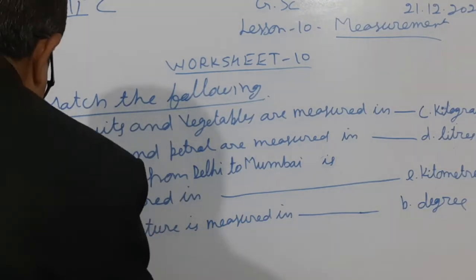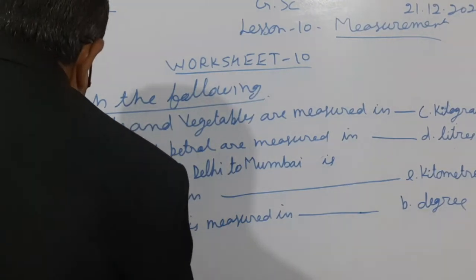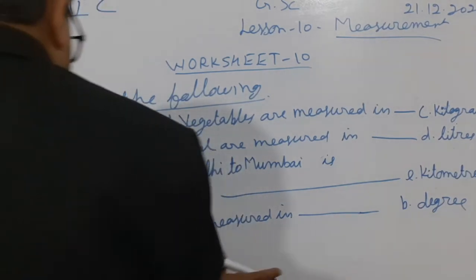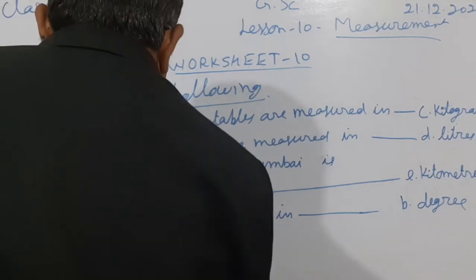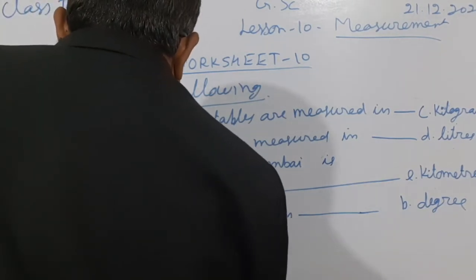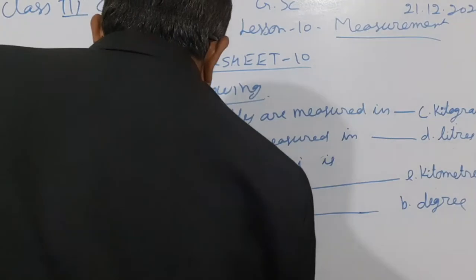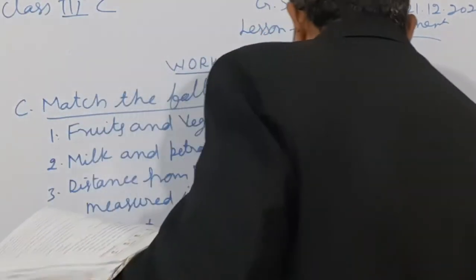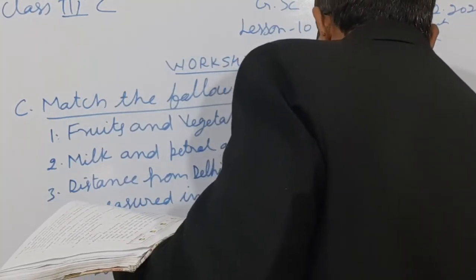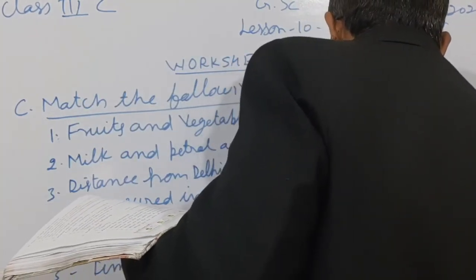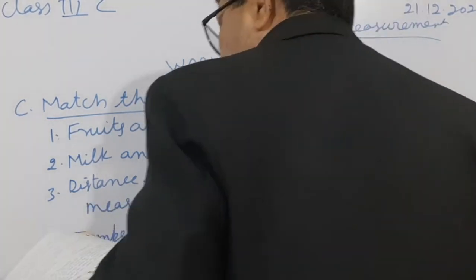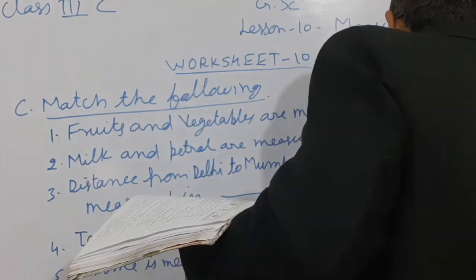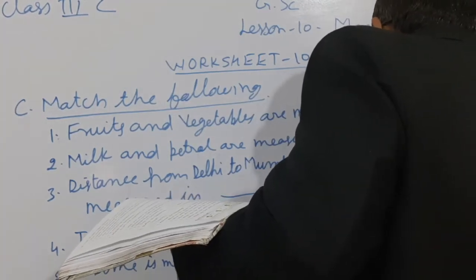And fifth, that is time is measured in hours, that is A. Hours, minutes and seconds.